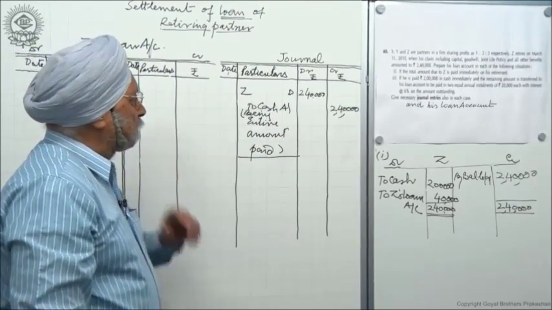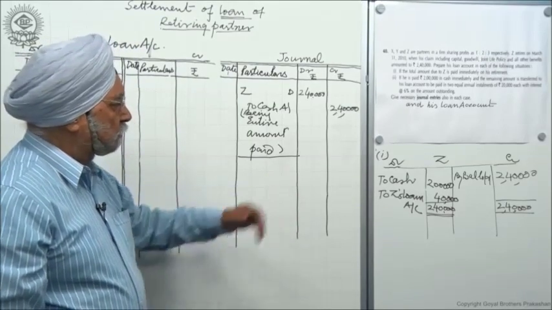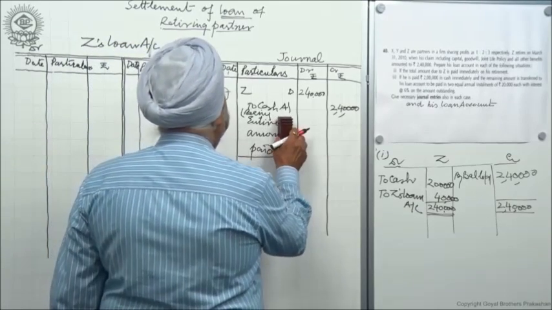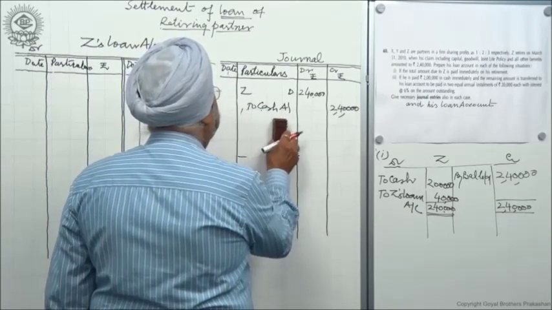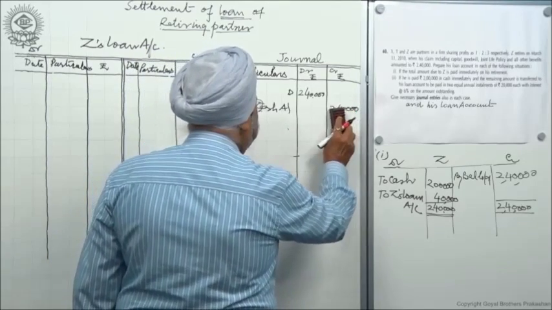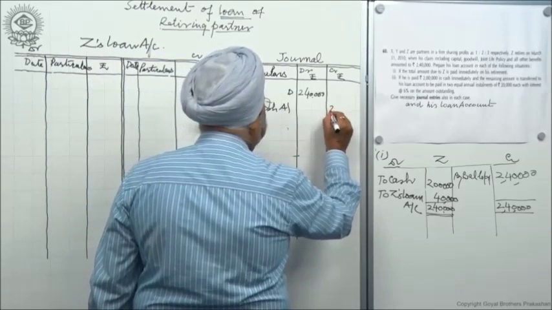Now, when the entire amount is not paid, only 2 lakhs are paid and the remaining amount goes to Z's loan account, then we will have to change the entry a little, because we are not paying 2,40,000. How much cash is being paid? 2 lakhs.